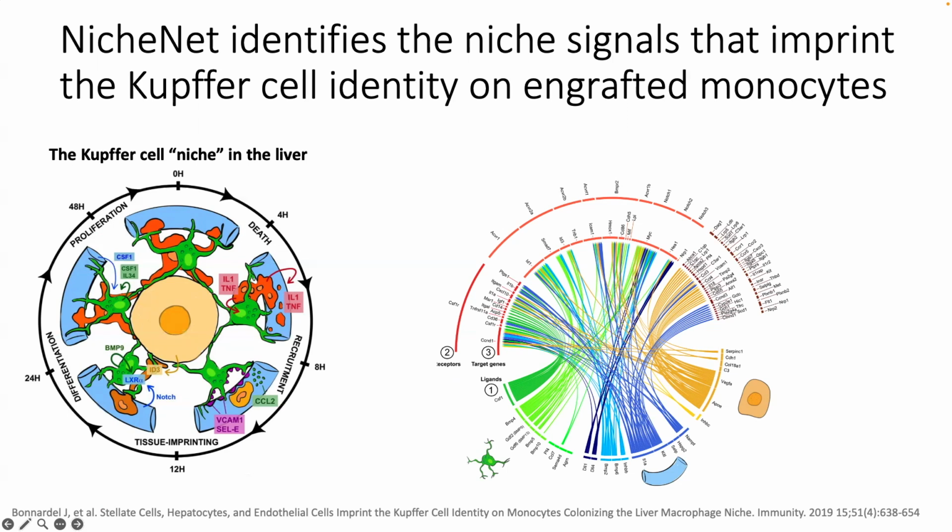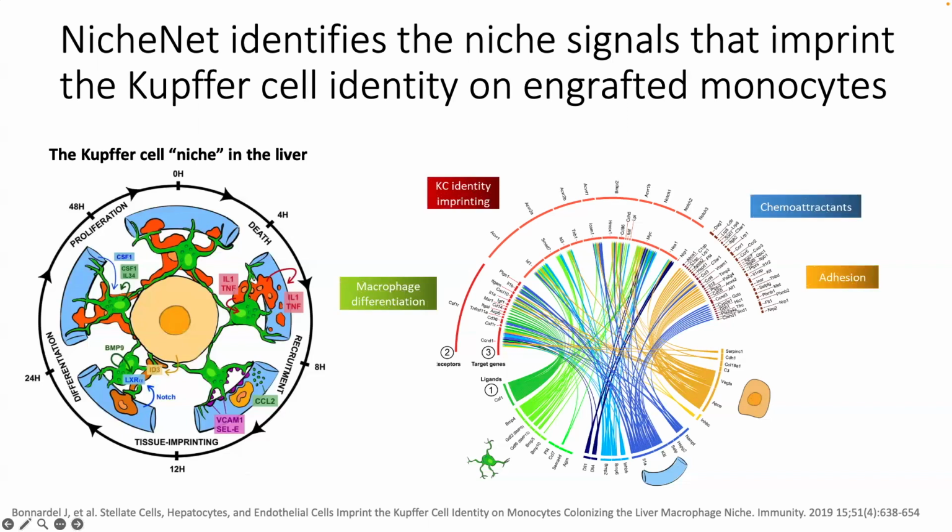And by looking at the target genes, you can also get some more functional insights into what all these interactions are basically doing to the incoming monocyte. So that's one advantage of these downstream signaling, that you can look at these target genes and basically see if there's enrichment in certain pathways of these target genes here.